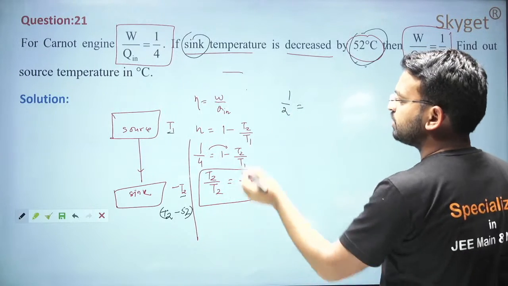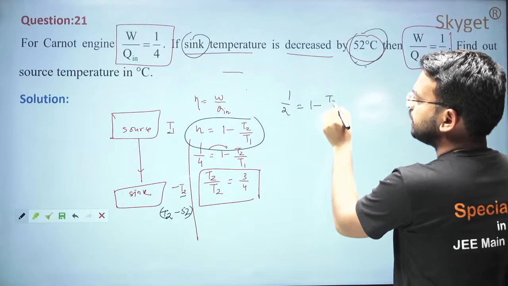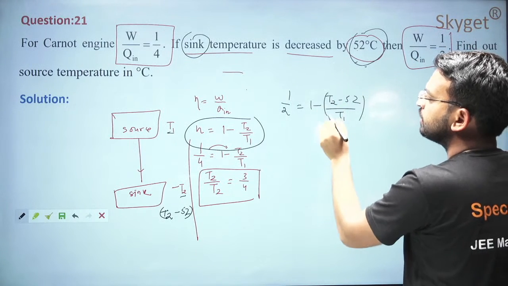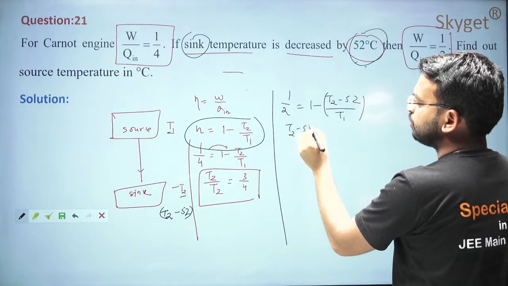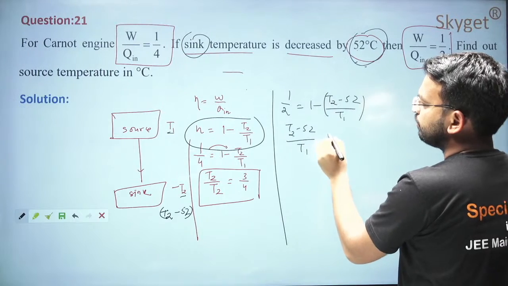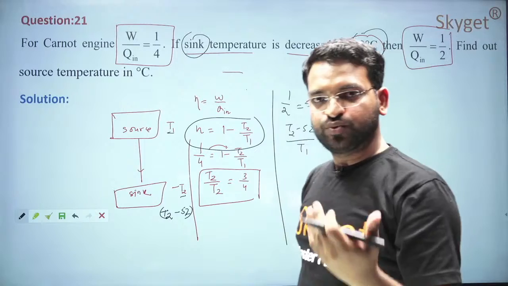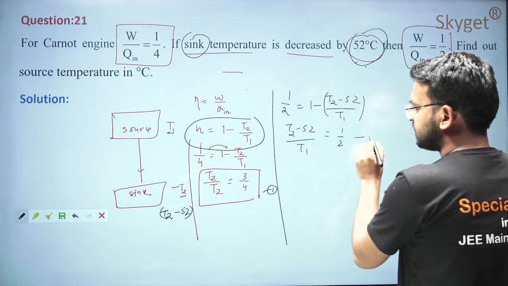Again we can use the same formula: 1/2 equals 1 minus (T2 minus 52) divided by T1. If you solve, (T2 minus 52) divided by T1 will be 1 minus 1/2, which is half. This is equation number 2, and the earlier one is equation number 1.